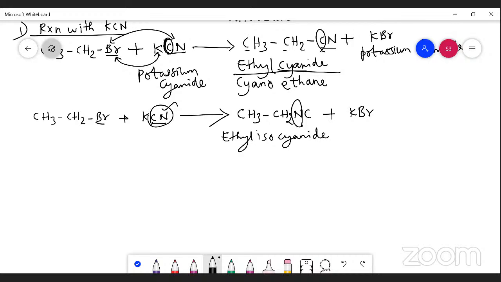Because C attached is cyanide, N attached is isocyanide. This makes the only difference. So even though potassium cyanide is the same reactant, it reacts in two different ways and we get different products. One product is cyanide, and the other product is isocyanide.